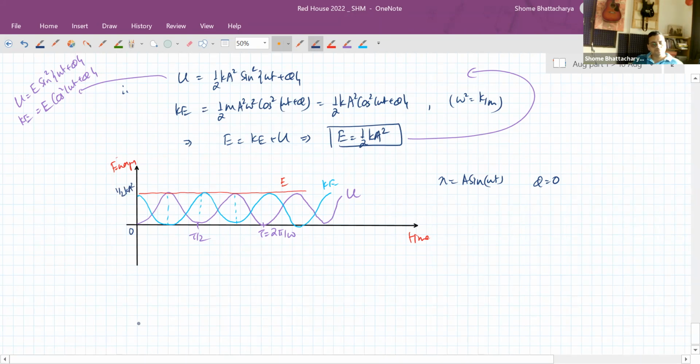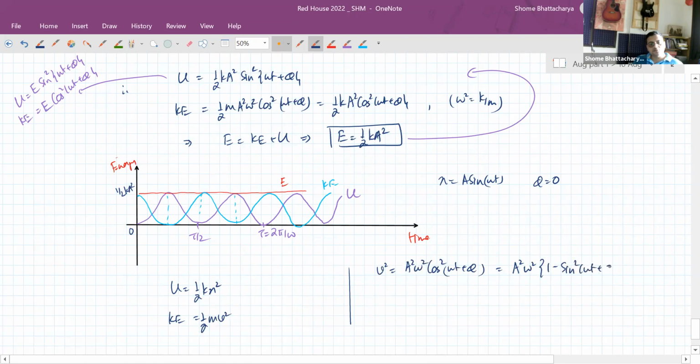Now also, potential energy is half kx square. Kinetic energy is half mv square. Now v square is A square omega square cos square (omega t plus phi) in general. So that can be written as A square omega square (1 minus sine square (omega t plus phi)), which can be written as omega square into (A square minus x square).